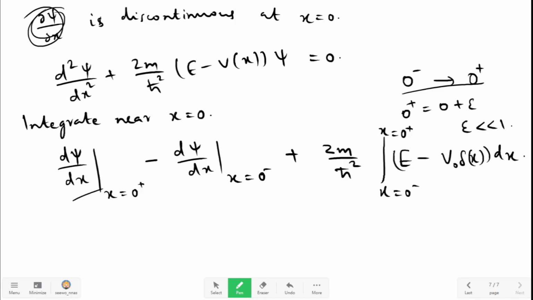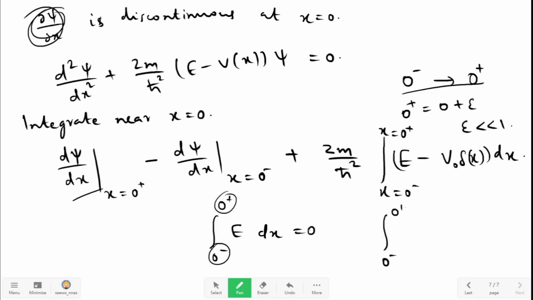Now if you integrate a function and the limits of the integral are very close, then that integral will give you 0. So the integral from 0 minus to 0 plus of e psi dx is equal to 0, because the limits are very close. But the Dirac delta is a special case.